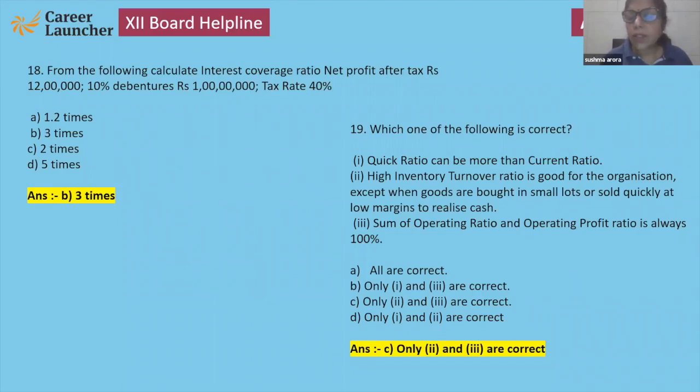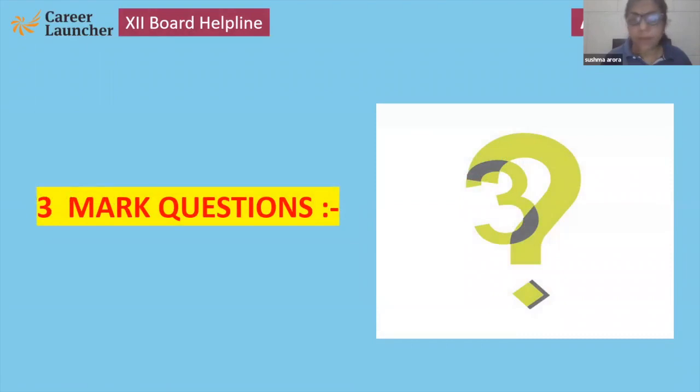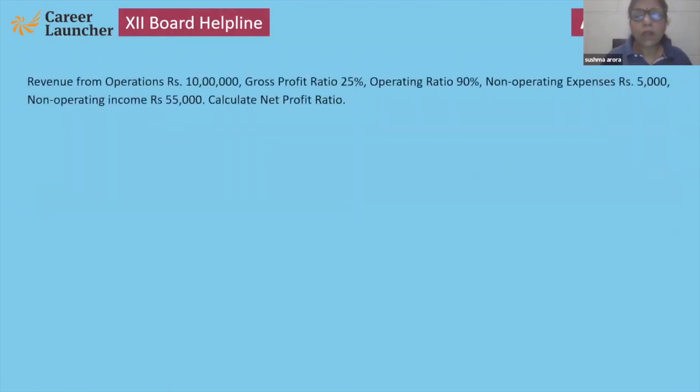Now 3 marker questions. Very good question. Operating ratio given, revenue from operations given. Children, note down the questions, because you will get these types of questions in CBSE as well as in CUET.